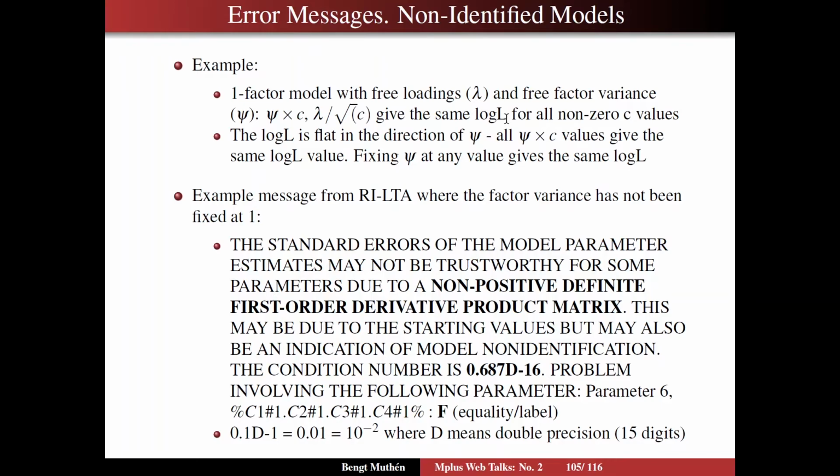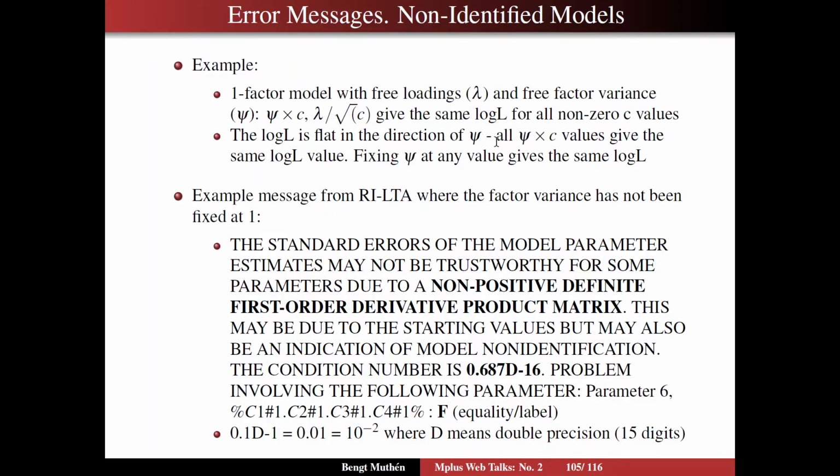So we have a whole slew of parameter values, sets of parameters, that give the same log likelihood. So we can't determine what the estimates are from the log likelihood principle. So it's non-identified. Another way of saying that is that the log likelihood is flat in the direction of psi.